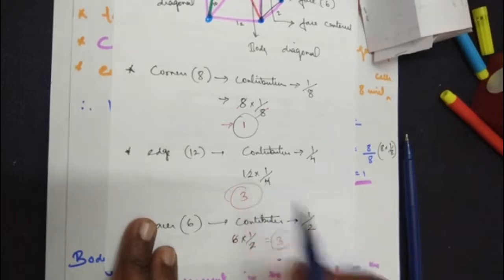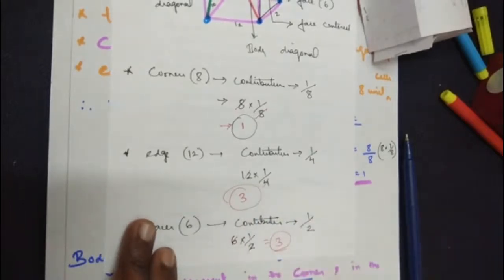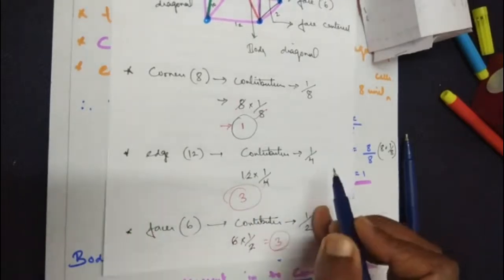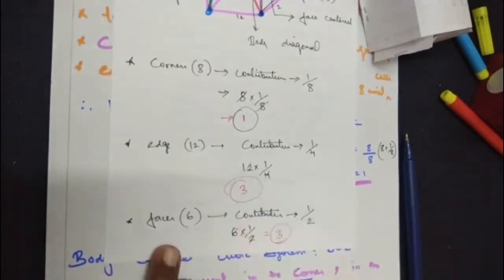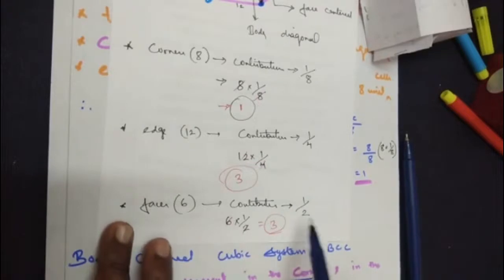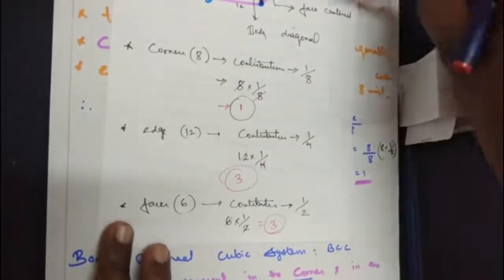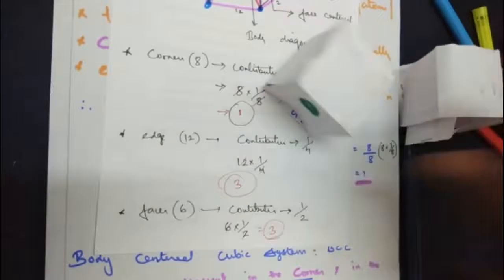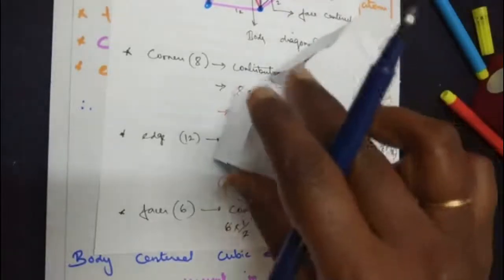So 12 edges are contributing only 1/4 of their part, and when we simplify we get 3 as the answer. Faces: the contribution is 1 by 2, meaning, remember I have marked a face here. When we combine it with one more unit, this face is shared only between these two.